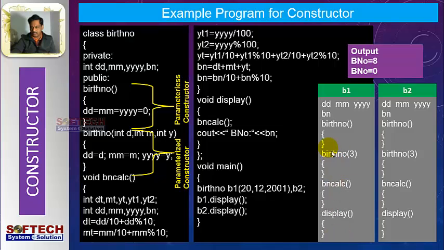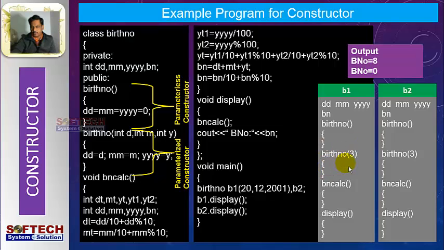We just give 3 to represent the 3 arguments. So it calls the 3 argument constructor function, because we pass 3 values.